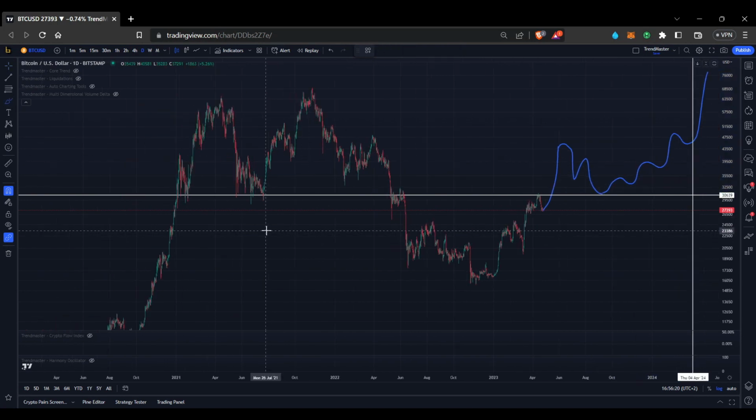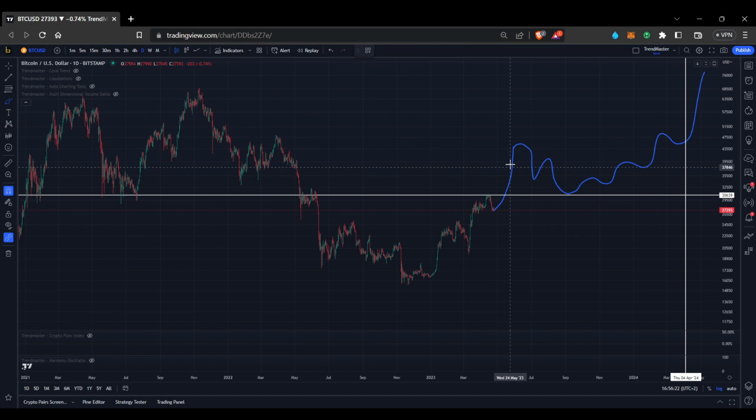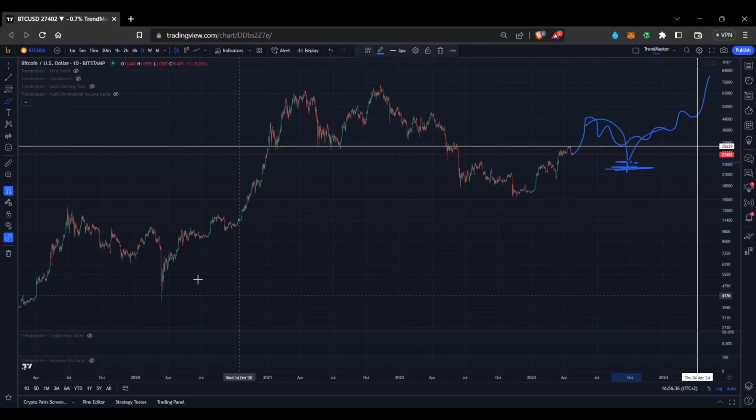Maybe we do get this COVID move where as we come down we wick beneath and come back up to wipe everyone out at 25K maybe. That would be pretty brutal before regaining and then going sideways, exactly like we did previously.